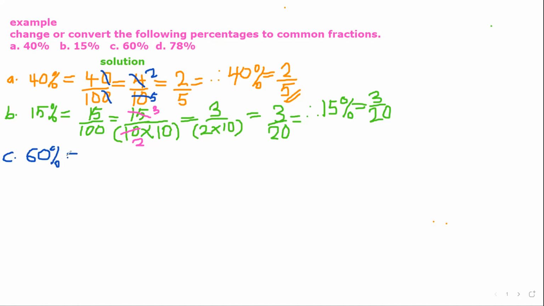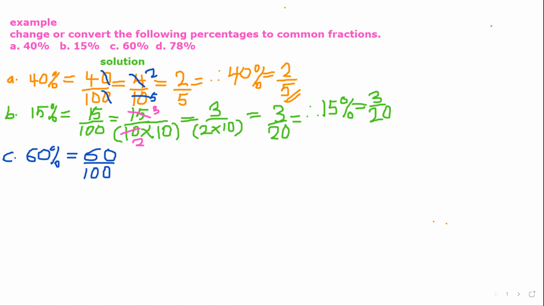So therefore, you have the 60 over 100 here. Now the last digit of the 60 ends with 0, and the last digit of the 100 ends with 0. So you do your cancellation. Okay.